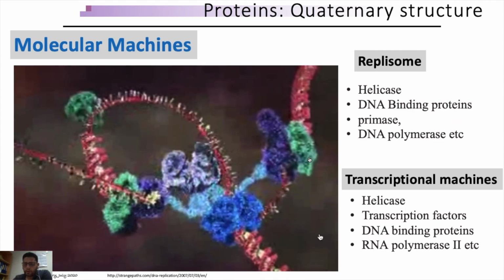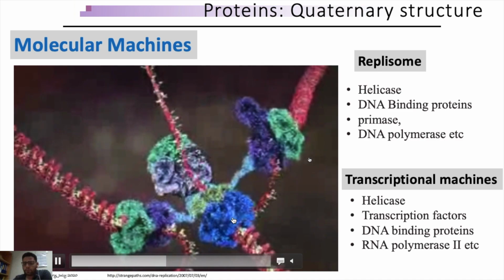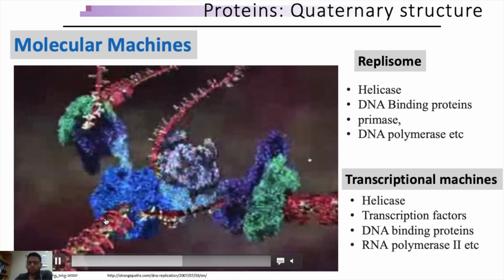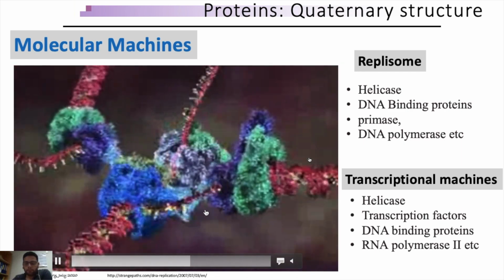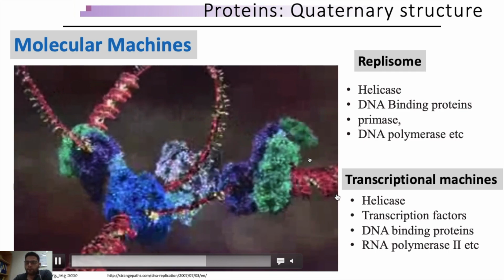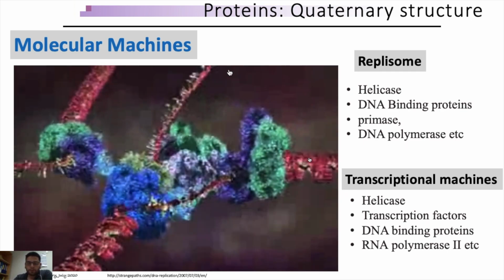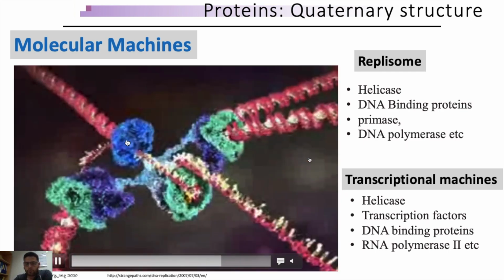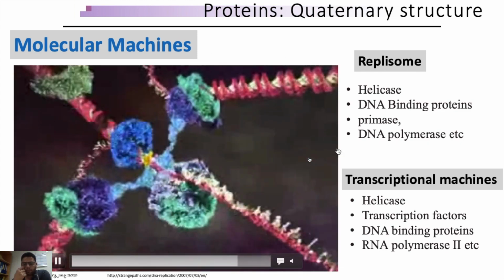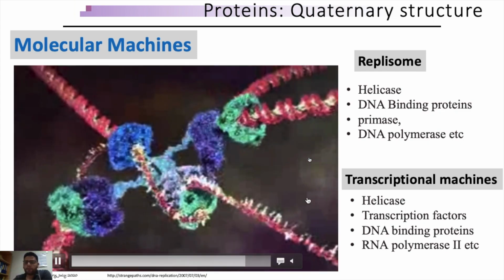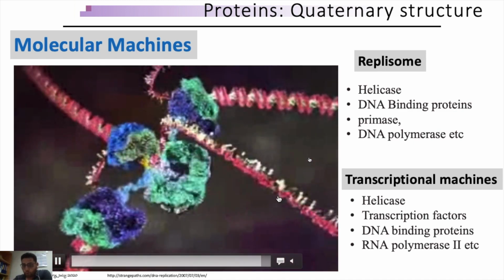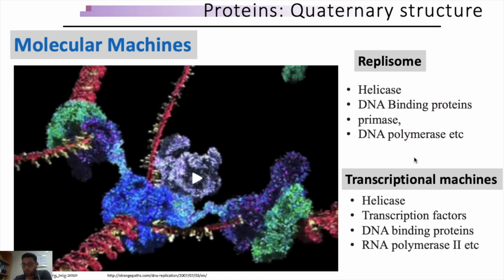As soon as the DNA enters this blue machine, which is the helicase, it spins the DNA like a super jet engine and converts it into two single strands. One of the strands is continuously replicated while the other is not continuously replicated because it has to replicate in reverse. That is why it makes loops and turns, and as a result, the overall patch of the DNA is duplicated.